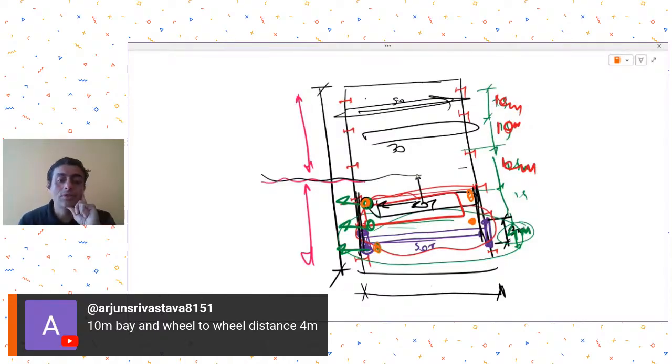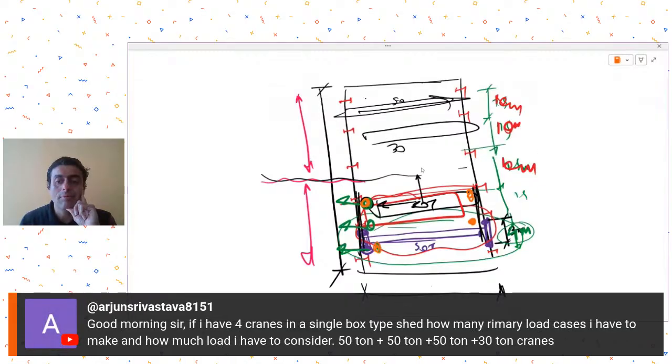How many will there be? I cannot straight away say. You will have to sit down and come up with all the possibilities. Some of the possibilities may be repetitive, or you may figure out that a possibility is not so critical, so you may ignore that option from your load cases.